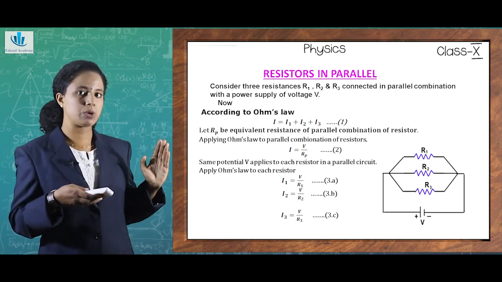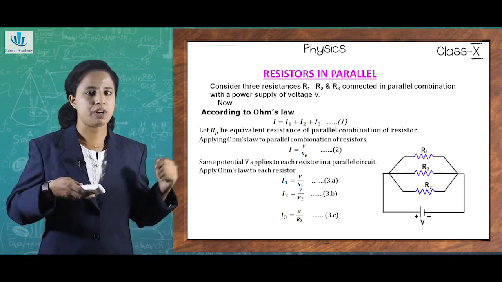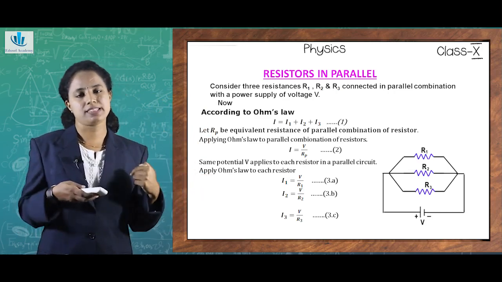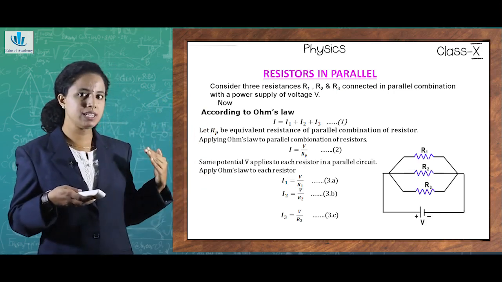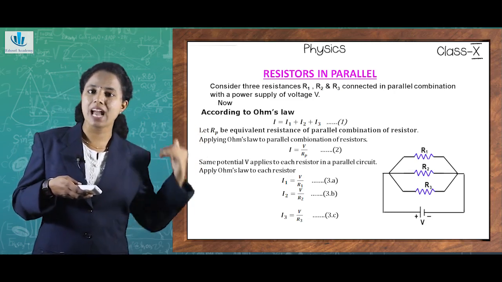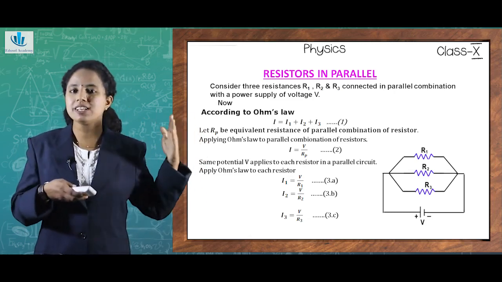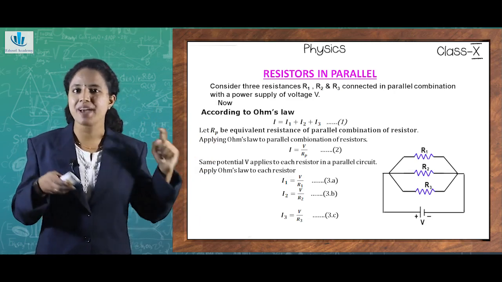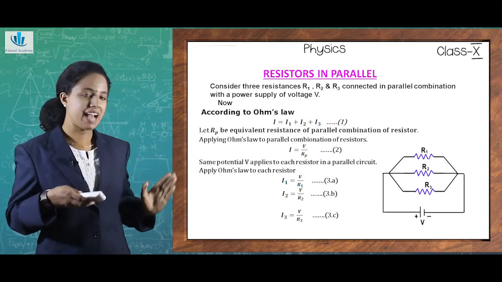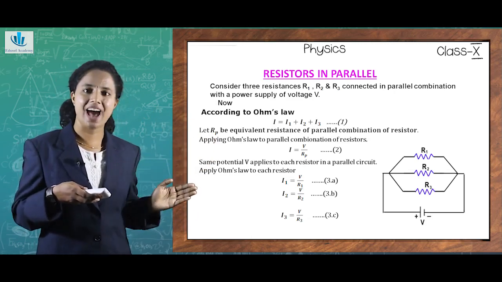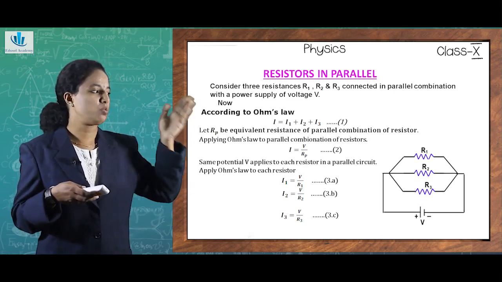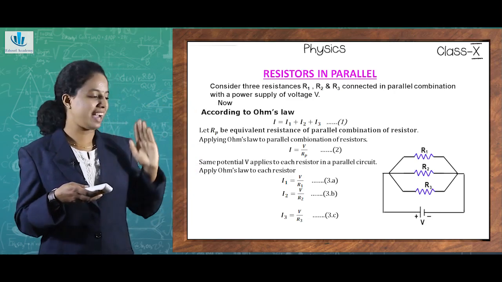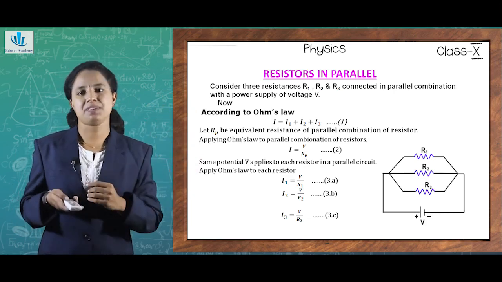So I1 equals V by R1, that is voltage by the particular resistance. Similarly, I2 means voltage by that particular resistance. In all these cases, the potential is the same. That is the peculiarity of a parallel circuit, isn't it? And I3 means V by R3. So I1 equals V by R1, I2 equals V by R2, I3 equals V by R3.